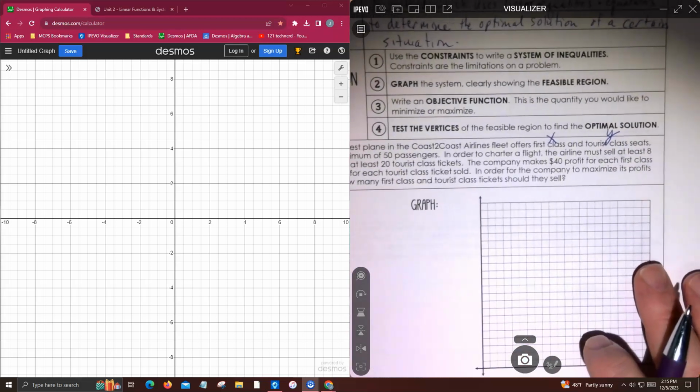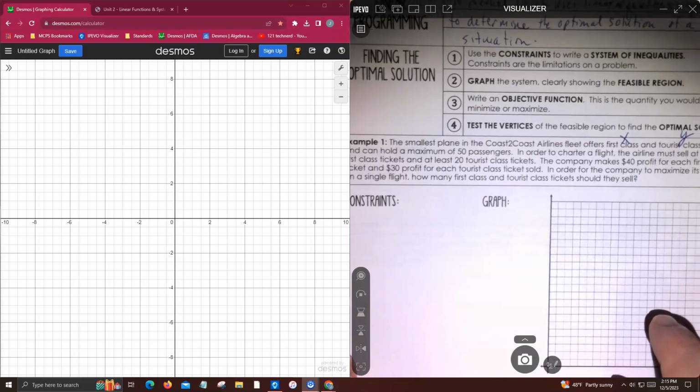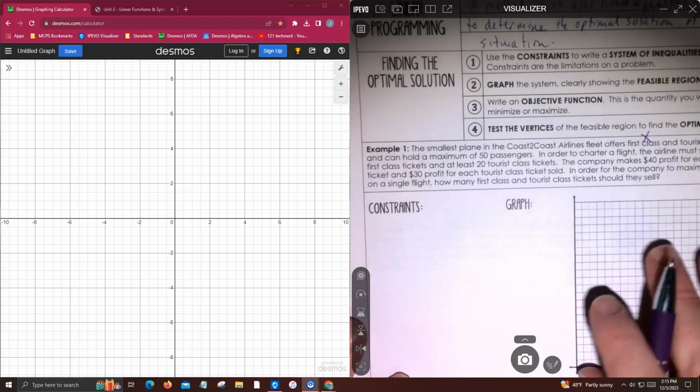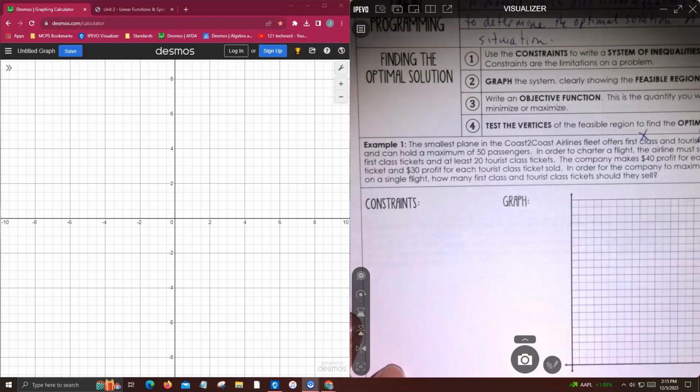Okay? All right, so we have here that the smallest plane can only hold so many passengers. So again, usually on these constraints, we have numbers that we have to abide by. There's certain things we have to meet, some requirements that we have to meet.